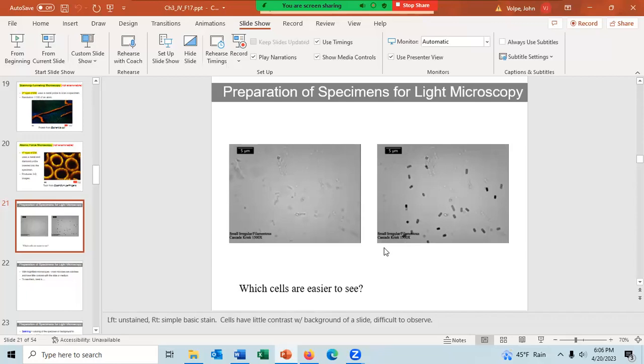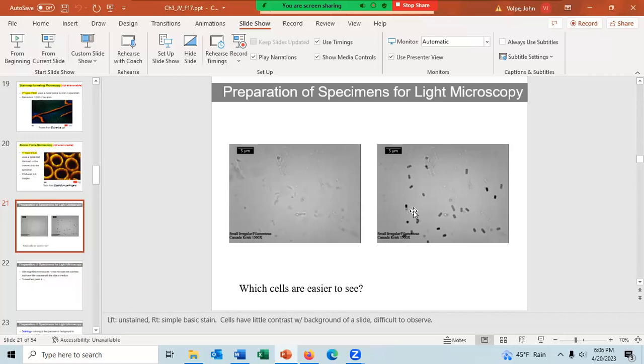Staining doesn't do anything except increase the contrast between the background of the slide and the cell. Right here, this cell has very little contrast between the cell and the background.